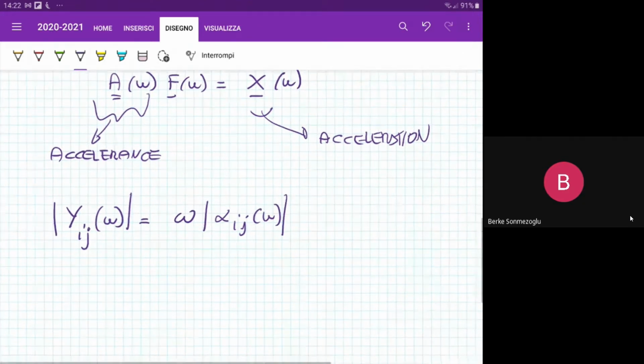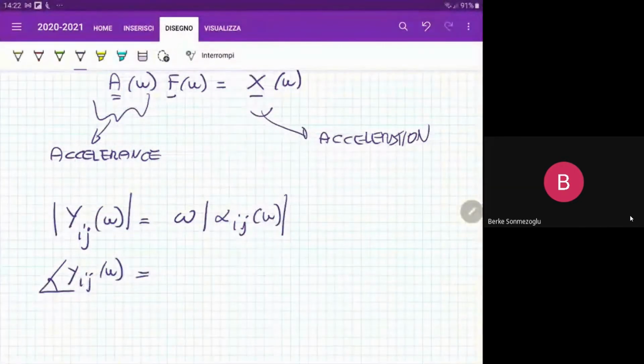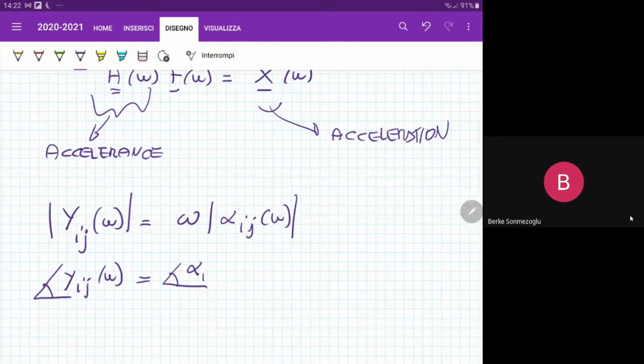The phase of your mobility function can be derived from the phase of your receptance function just by subtracting half pi, or 90 degrees, from the phase of your receptance function.